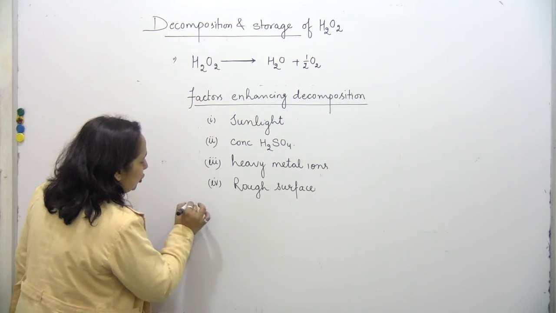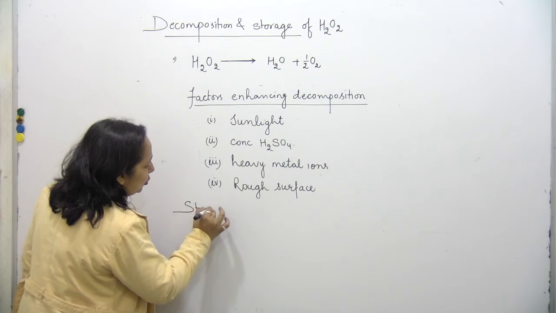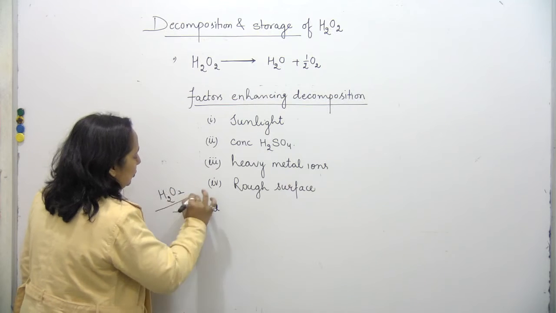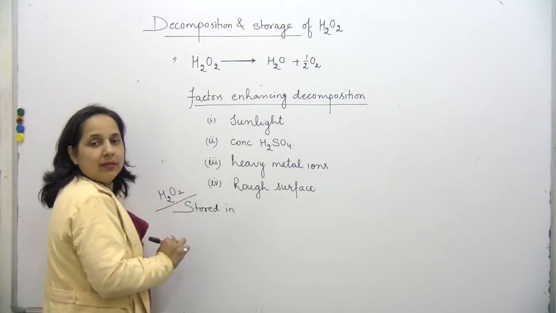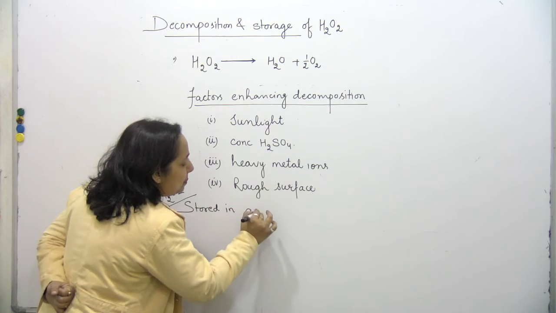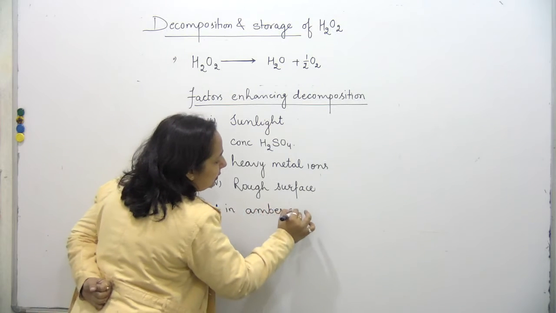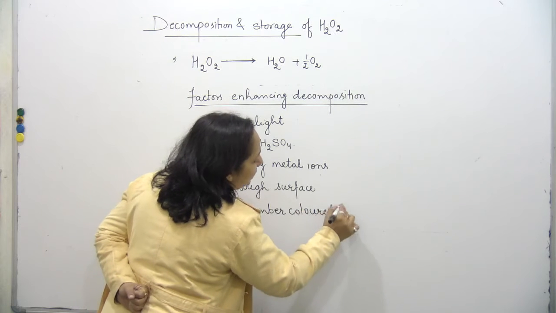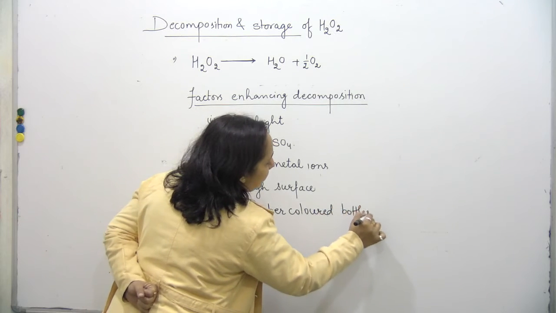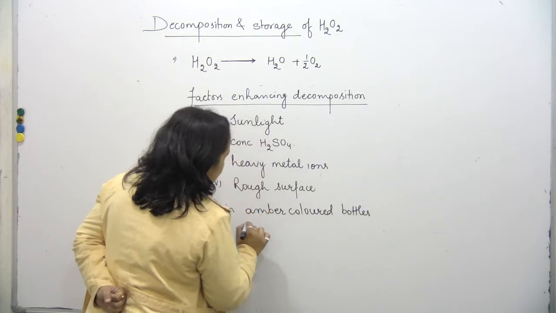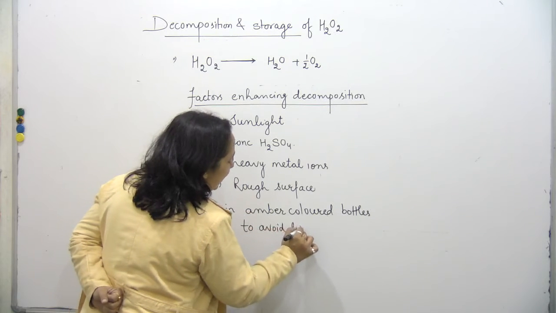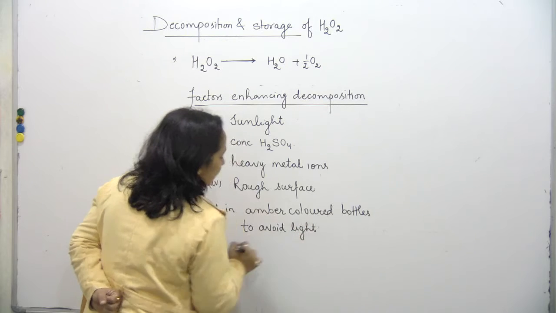So now we are storing hydrogen peroxide H2O2 in amber colored bottles to avoid light, we can say brown, dark brown bottles.